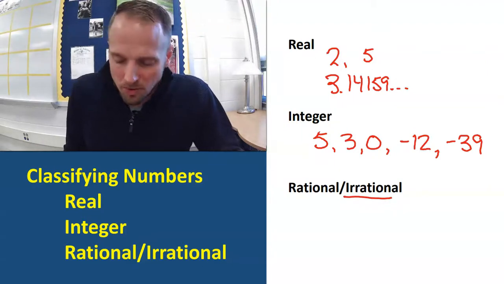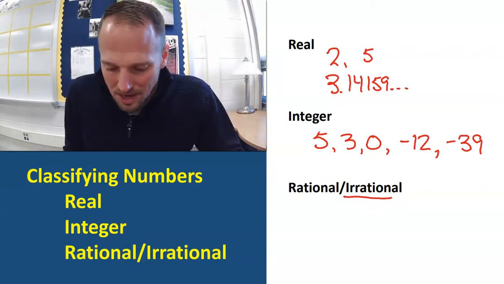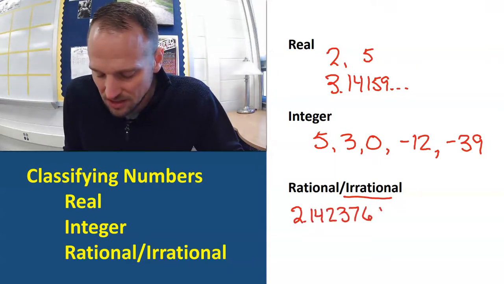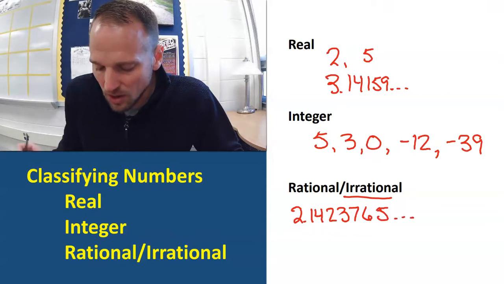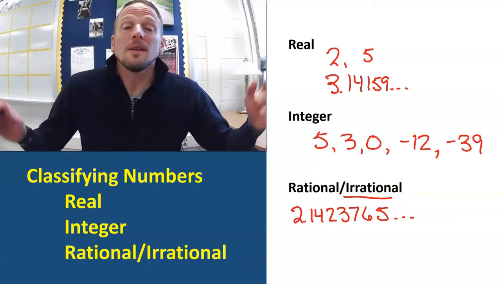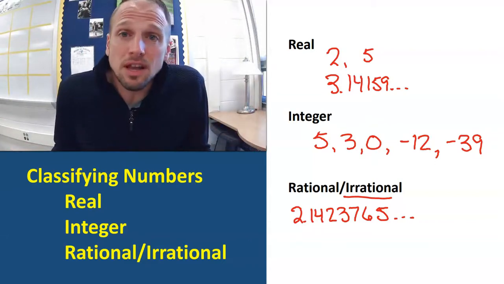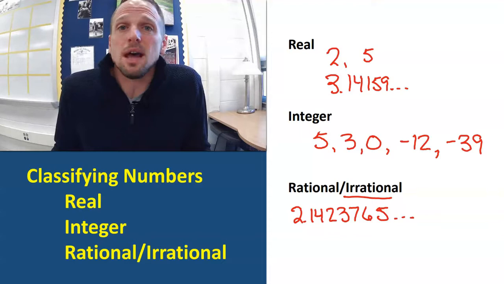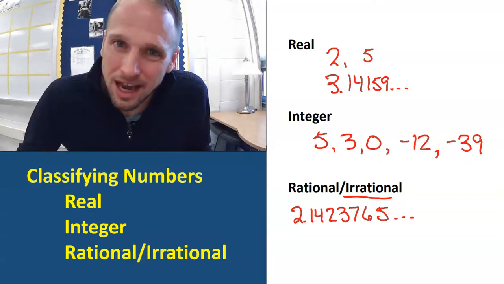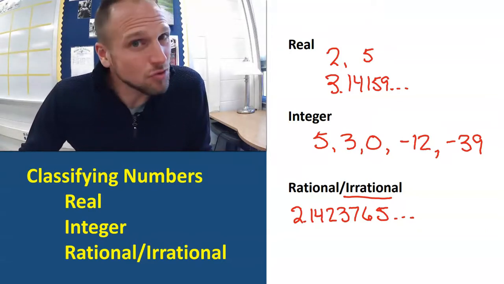An irrational number is a decimal that does not stop and does not repeat. 2.1423765 and just keeps going on forever. That's an irrational number. That's it. If a number is a decimal that does not stop and does not repeat, it is irrational.